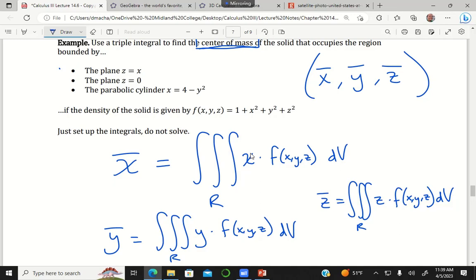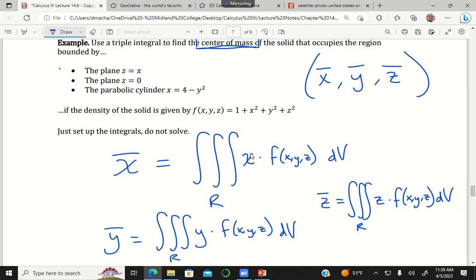That tells me how far this mass that I'm adding up, all the little densities times dV's are little masses, how far away are these from the YZ plane, which is the moment, I guess you could say, in the x direction.